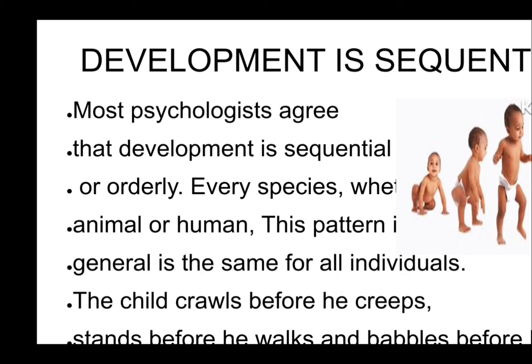So whatever we are going towards in development, before that we have to cross some steps. We have to cross the steps sequentially, and only then can we go towards development.